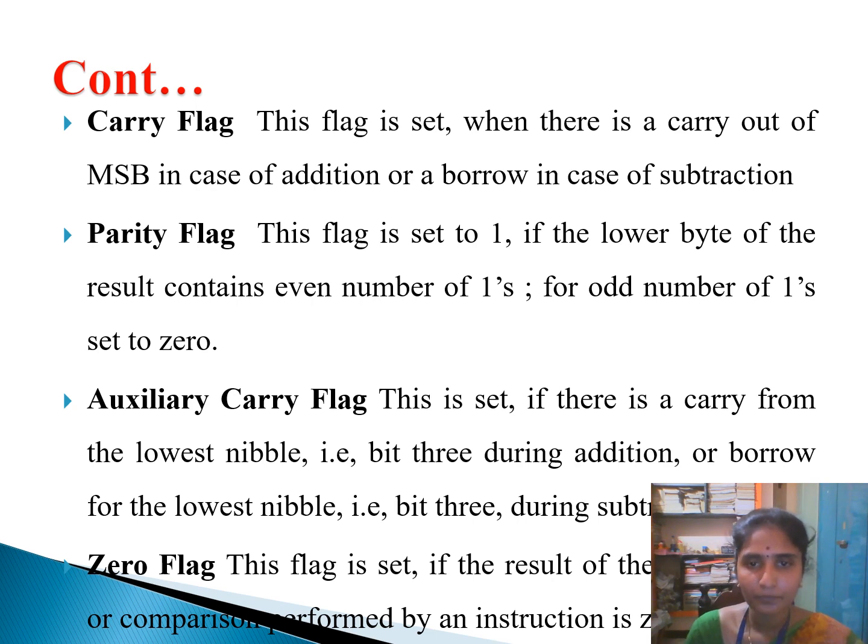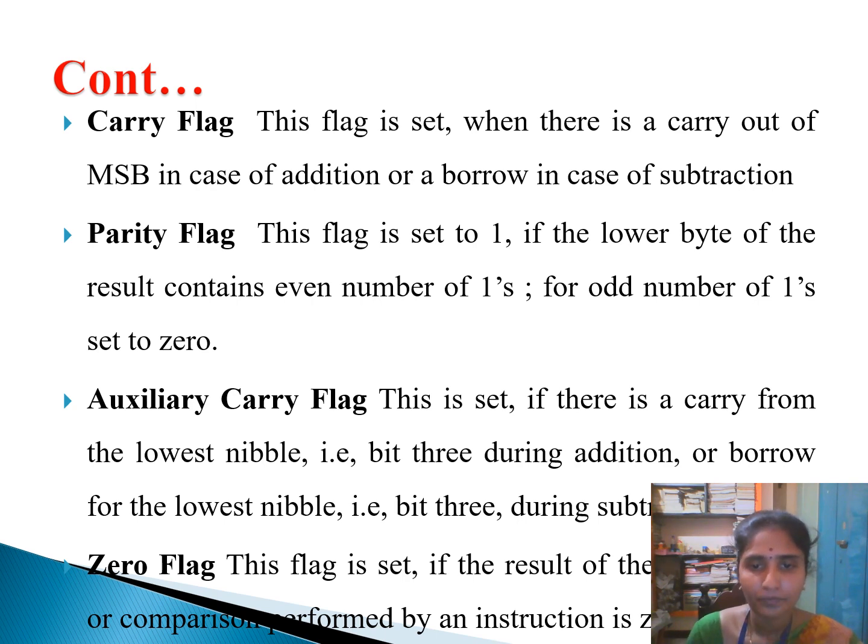Auxiliary flag. This flag holds the carry from the lowest nibble, that is bit 3, during addition, or borrow for the lowest nibble, bit 3, during subtraction. In this case, the auxiliary carry flag is set.